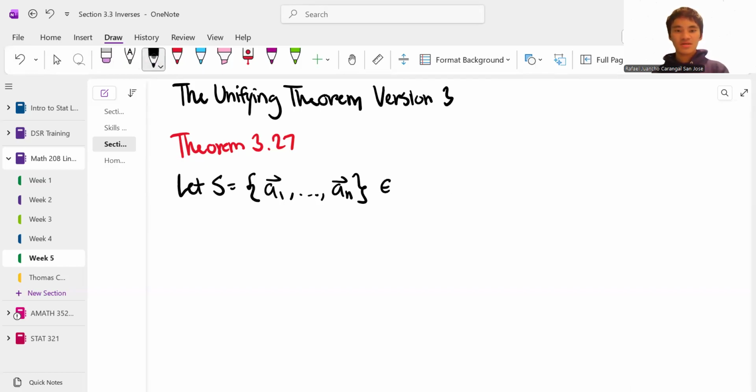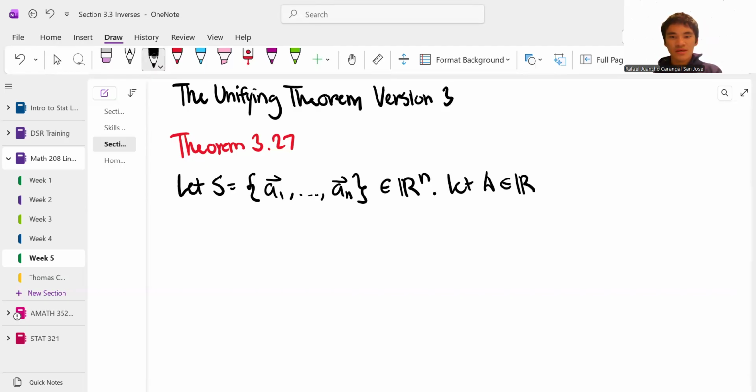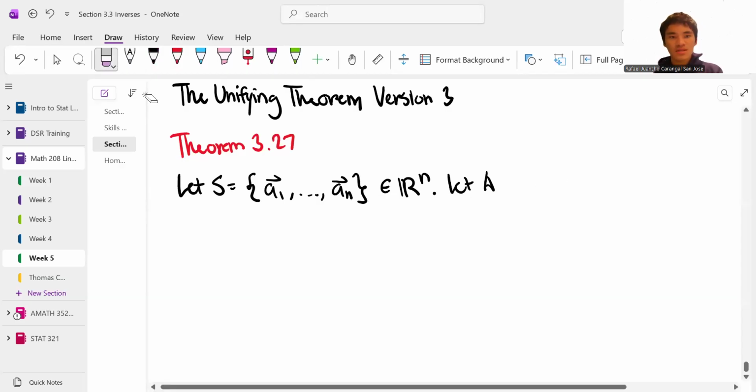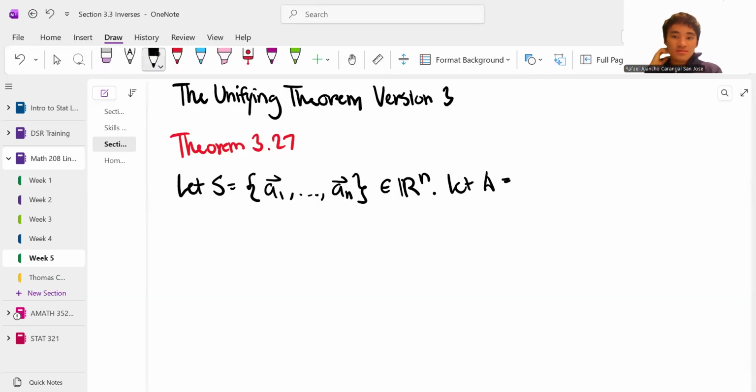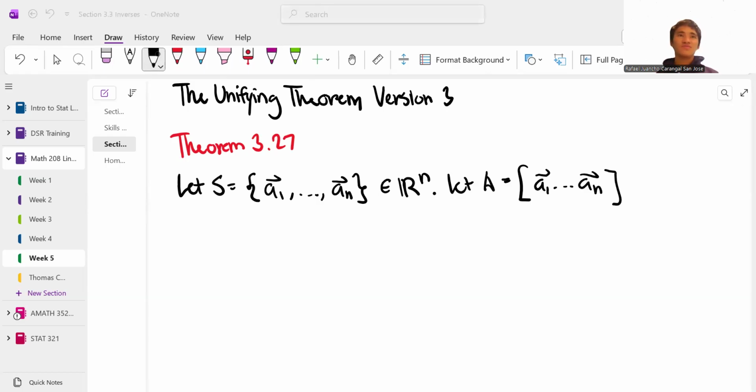I'm going to say this set is a set of n vectors in n dimensions. And we're going to let A be an n by n. Oh, wait a minute, I didn't say that there. We're going to say this A is a matrix containing these vectors A sub 1 to n. So again, we have A defining it as a column of vectors.